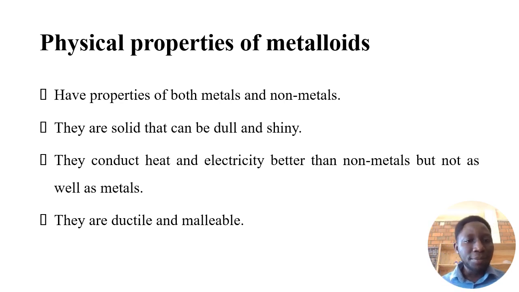Another property, they are solids that can be dull or shiny. They conduct heat and electricity better than non-metals, but not as well as the metals. They are ductile and malleable. Really, these are the physical properties of metalloids.